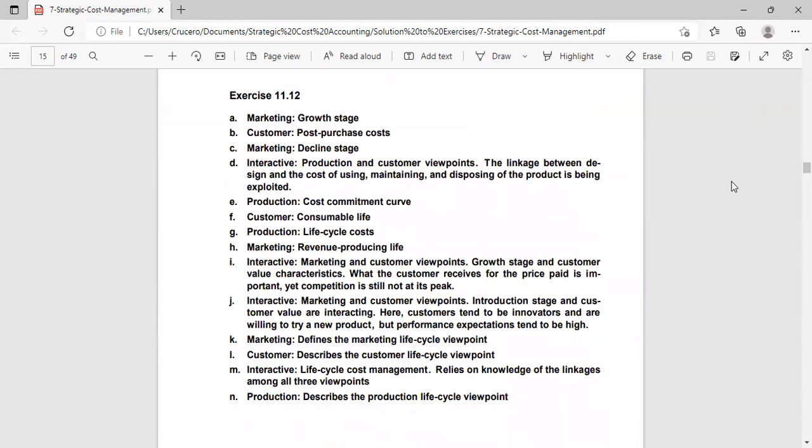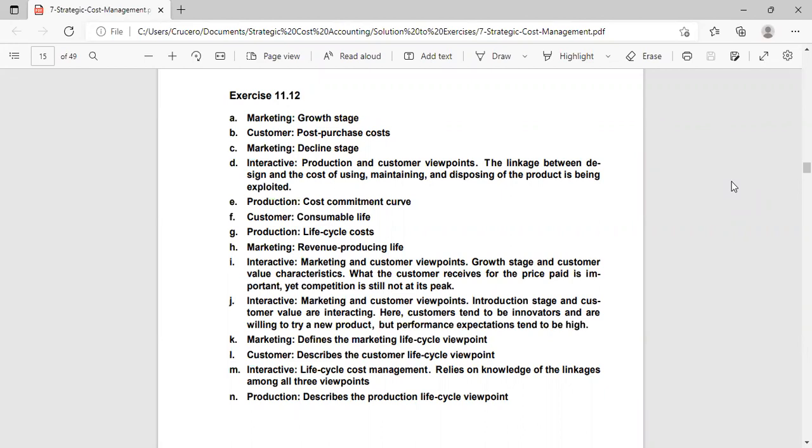Now we go to exercise 11-12. We have the product life cycle. The following series of statements or phrases are associated with product life cycle viewpoints. Identify whether each one is associated with the marketing, production, or customer viewpoint.